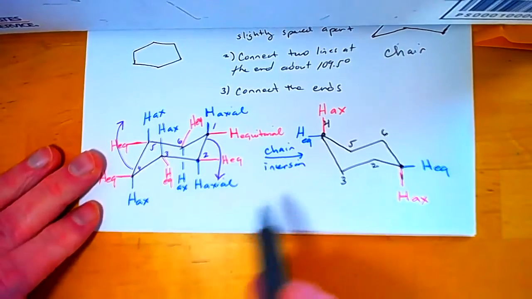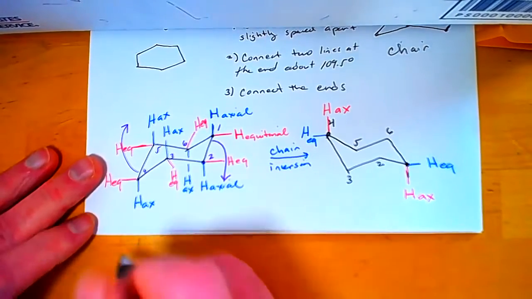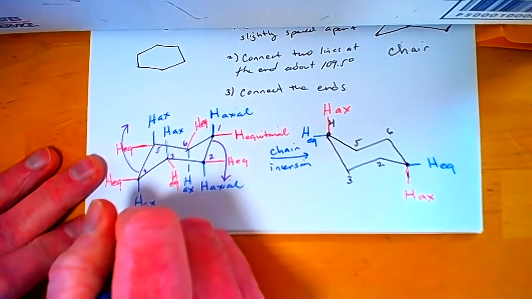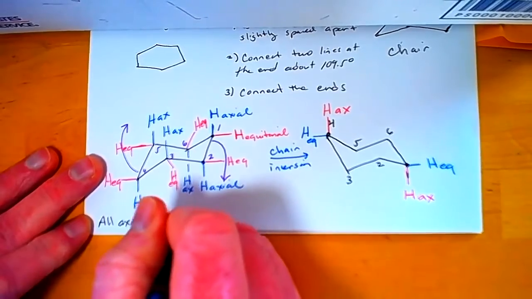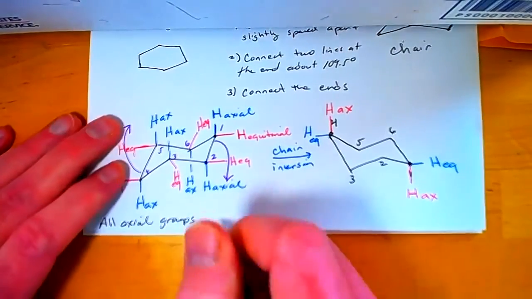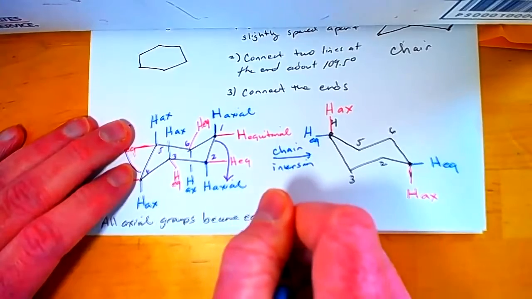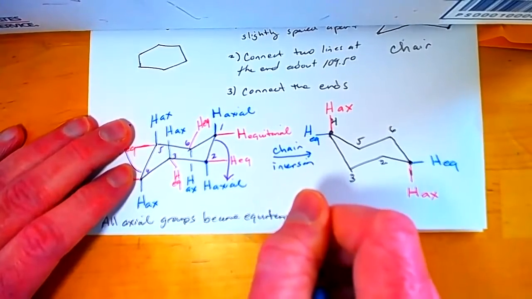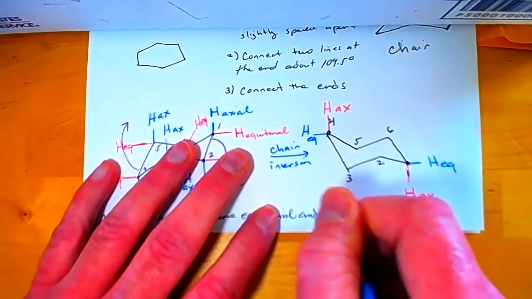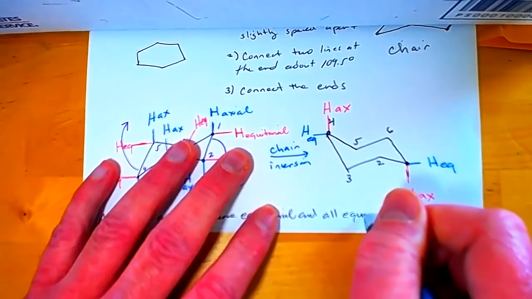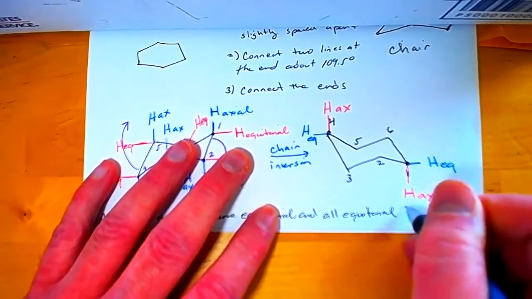What this means is whenever you do a chair inversion, all axial groups become equatorial, and all equatorial become axial.